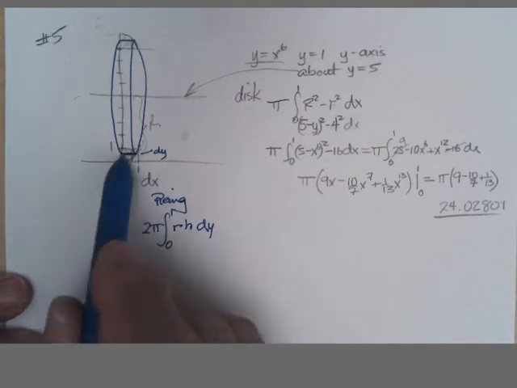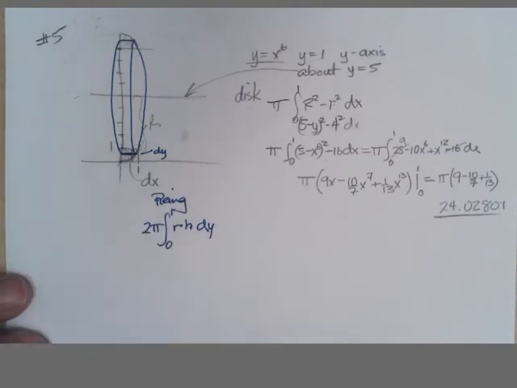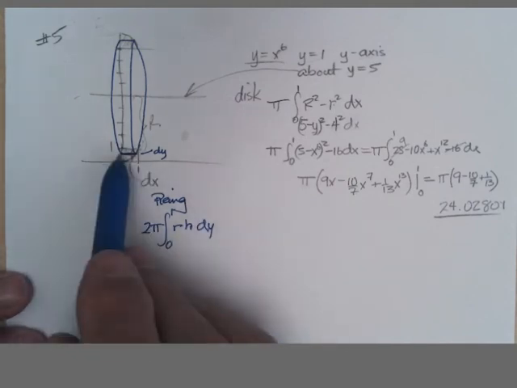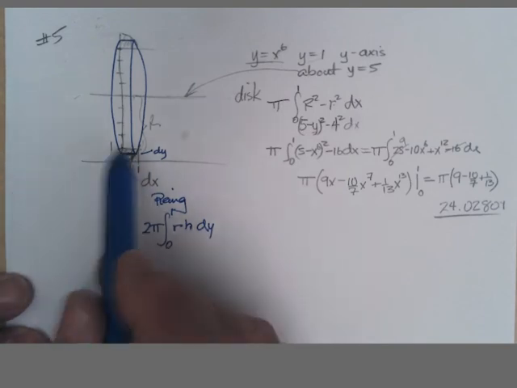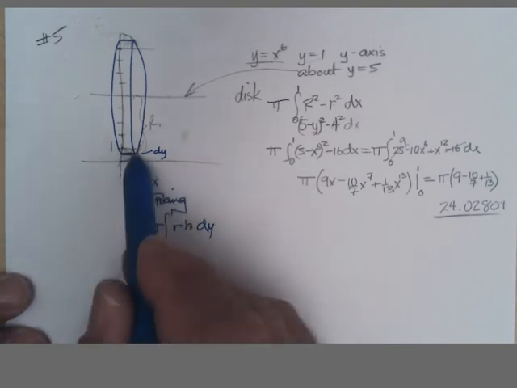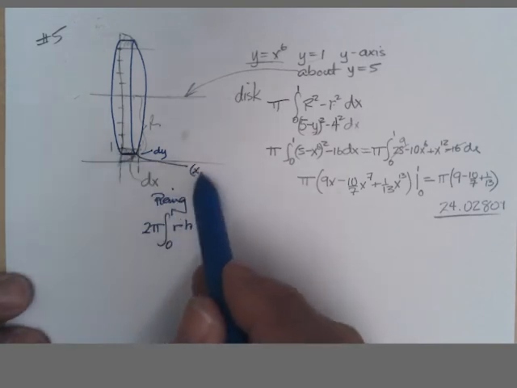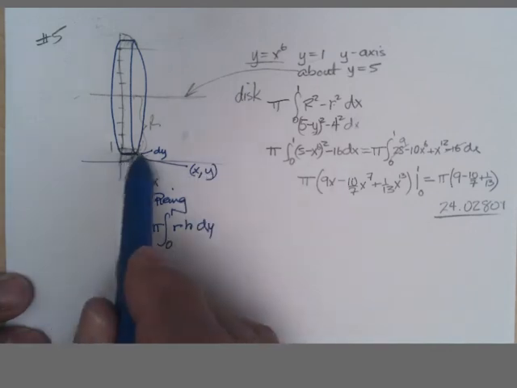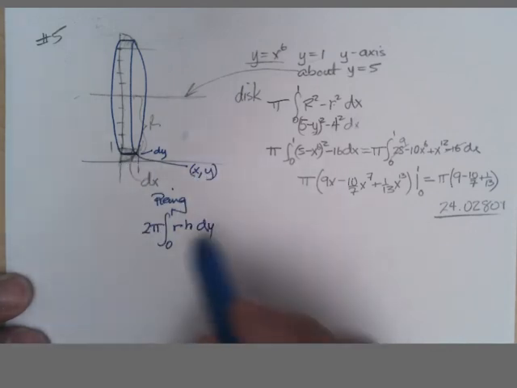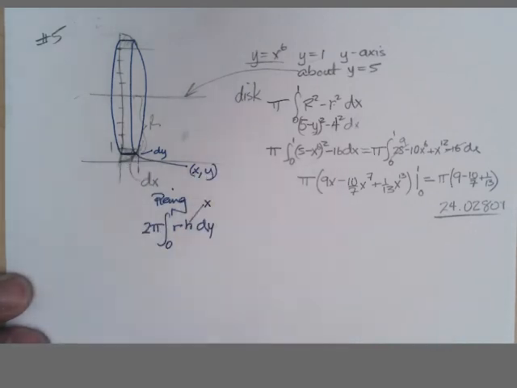I call it the height on a cylinder. The height is over to the curve from the y-axis. That's always the x value. Once again, going over to a point on the curve is x. So the height is x.